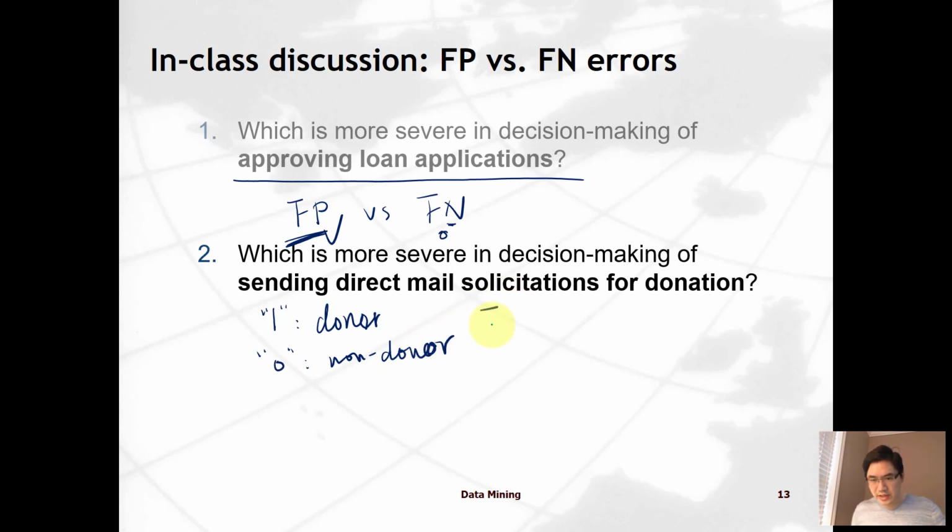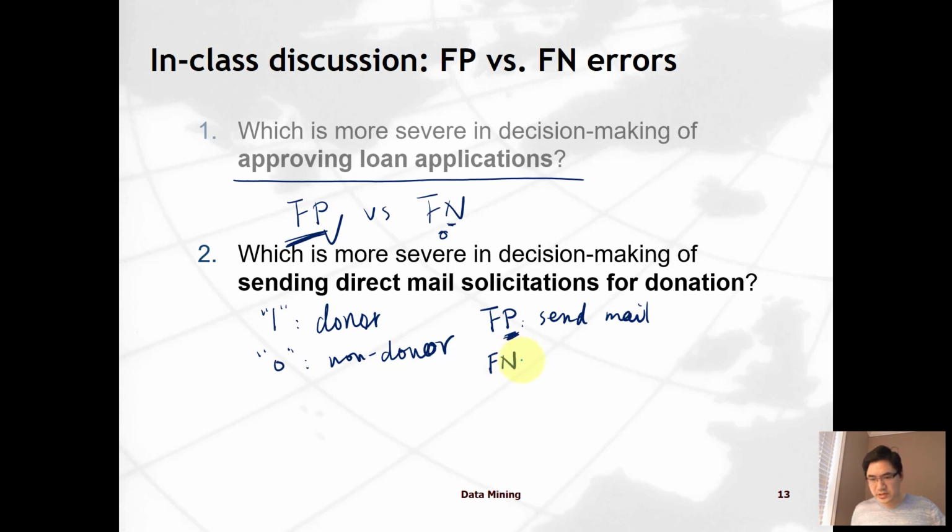So when you commit a false positive error, the algorithm mistakenly determined that this person is likely a donor, whereas in fact this person is a non-donor. So under the classification of a donor, the company will send a solicitation to solicit donation, but in fact the company will not get the donation because the person actually is a non-donor.